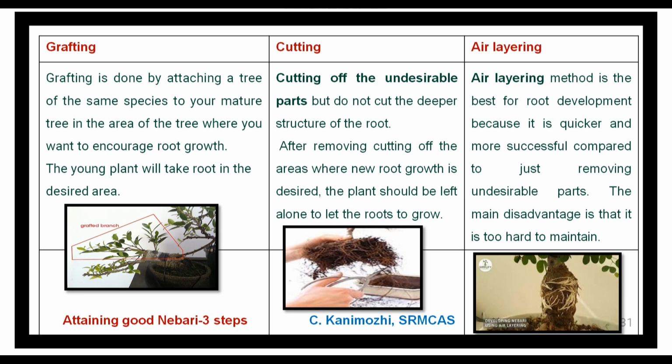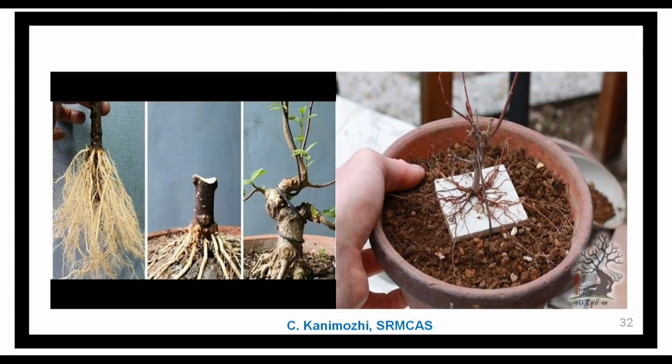So these are the three ways to achieve a good nebari: grafting, cutting, and air layering. You can also make nebari by keeping a piece of brick, so that you can extend the roots all over the piece of material, and you can achieve the nebari like the earlier one by using this technique.